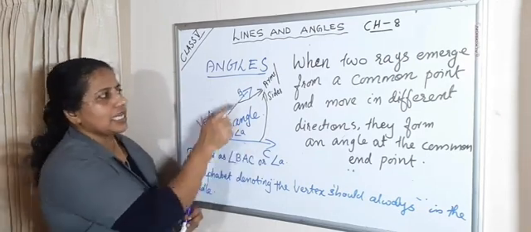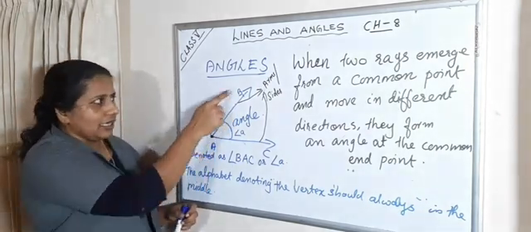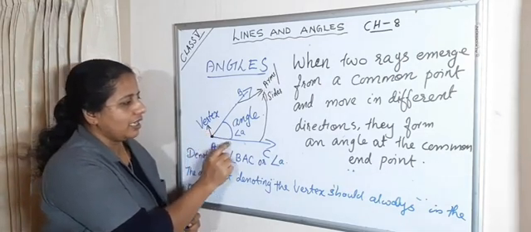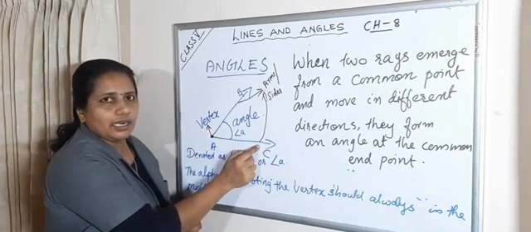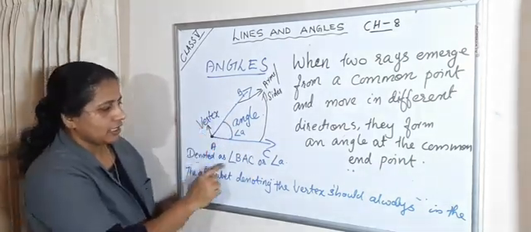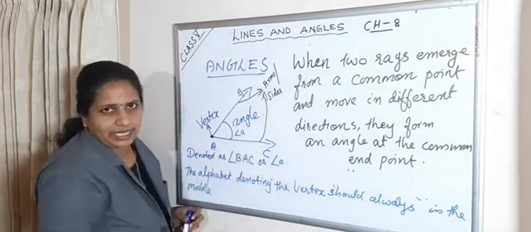Starting from one end of the arm and coming like this, and again going to the last point of the arm, that is BAC, denoted as angle BAC or simply angle A.